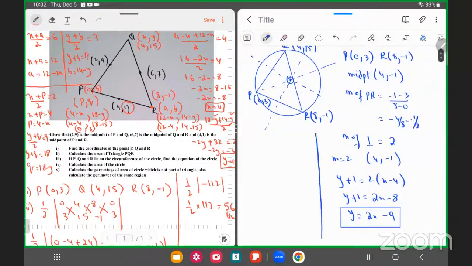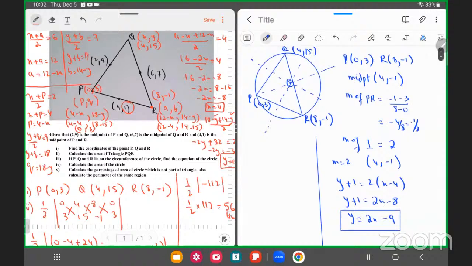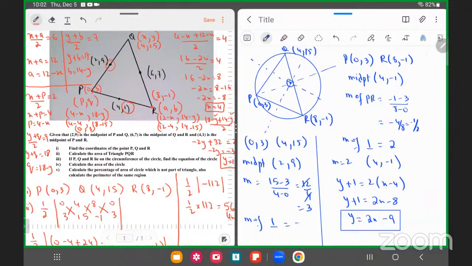We will find the equation of the other perpendicular bisector. Let's say 0, 3 and 4, 15. Midpoint is what we are already given in the question, 2, 9. Gradient is (15 minus 3)/(4 minus 0), 12 upon 4, that is 3. So gradient of perpendicular will be minus 1 upon 3.